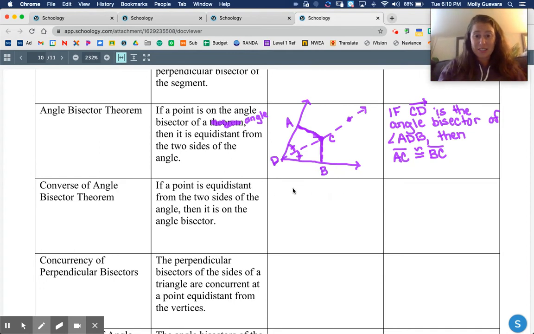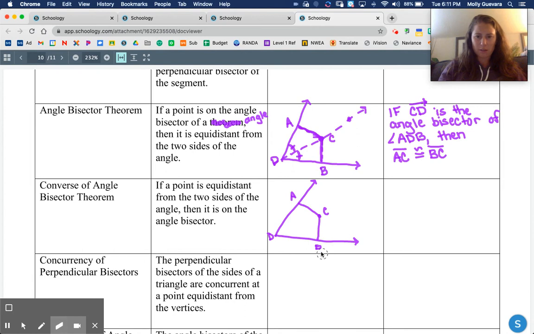Okay, so this is saying if I have an angle, I'm going to draw the same angle, something similar, D, let's draw a point C, A and B. So, oops, my B didn't turn out as well as I wanted.